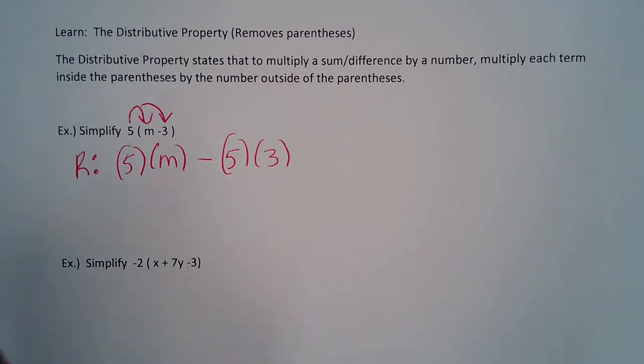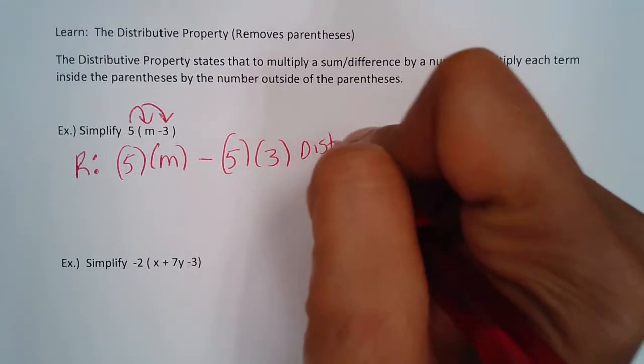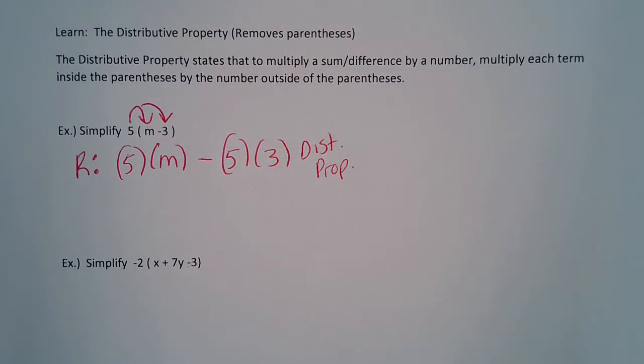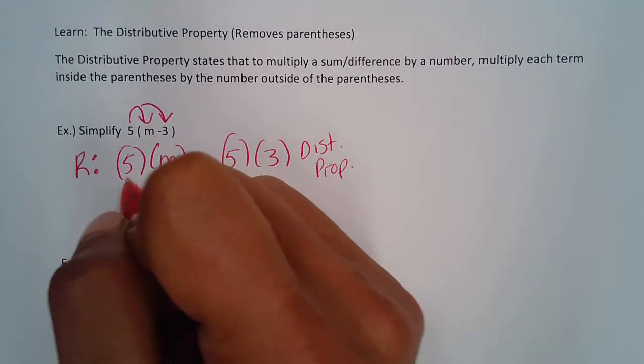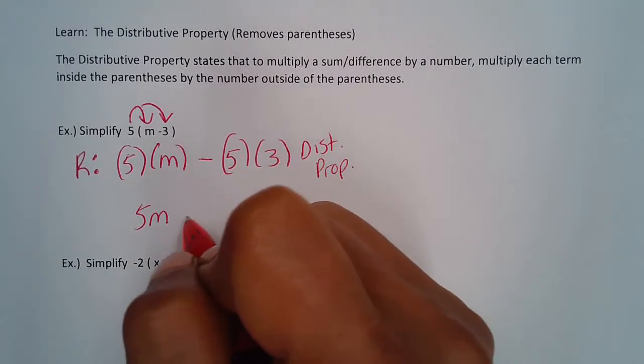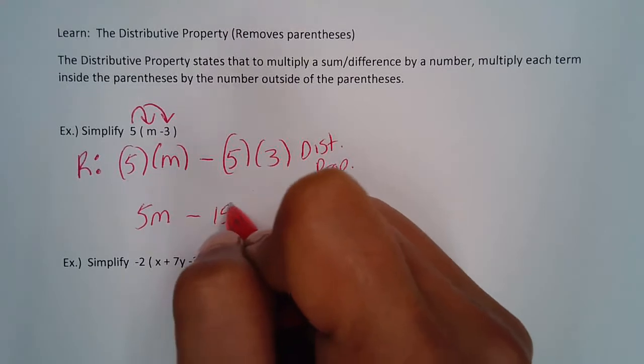All right, so once I rewrite the problem, then I'm able to do this first step because of the rule of distributive property. Then you're simply going to multiply. 5 times m gives me 5m. Bring down the subtraction sign, and then 5 times 3 gives me 15.